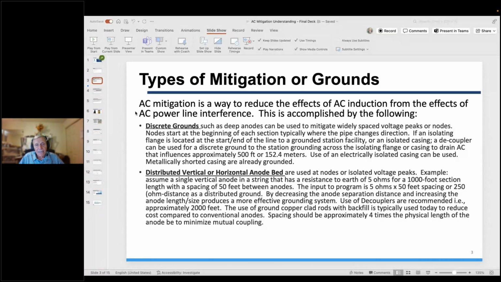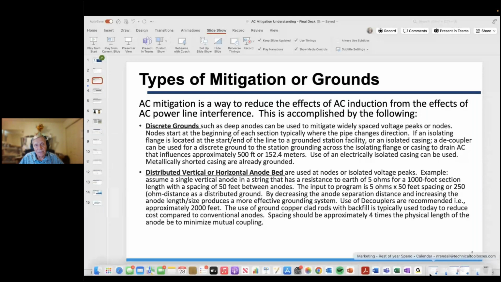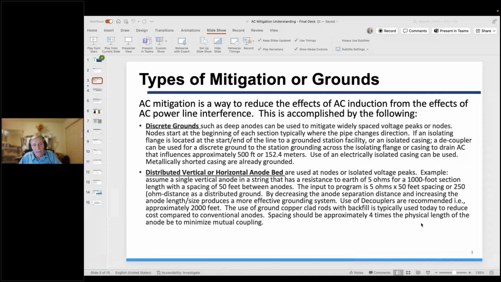The other thing we could do is use the discrete anodes on casings, and if they're at a high peak voltage area, that'll work.